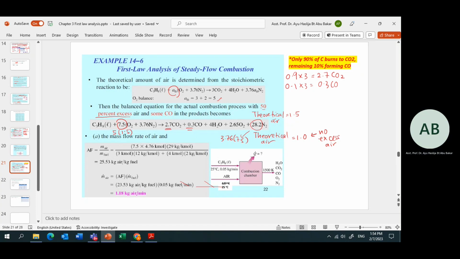Water multiplied by the O2, 2.65 over here. You need to do the O balance. So here, do the O balance, left side and right hand side.